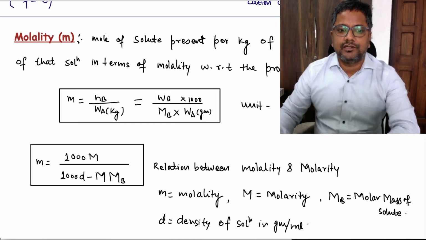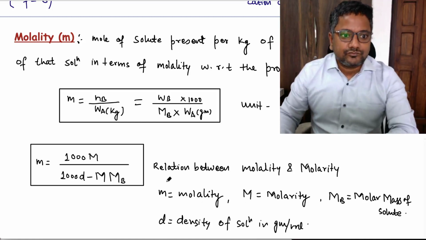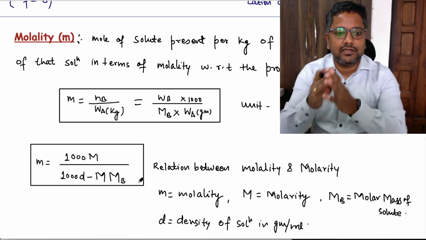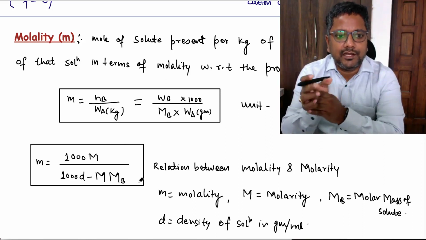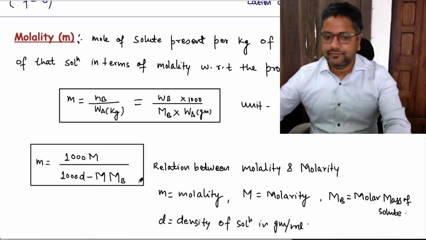The unit is very important, grams per ml. So from this formula you can relate molarity and molality directly.